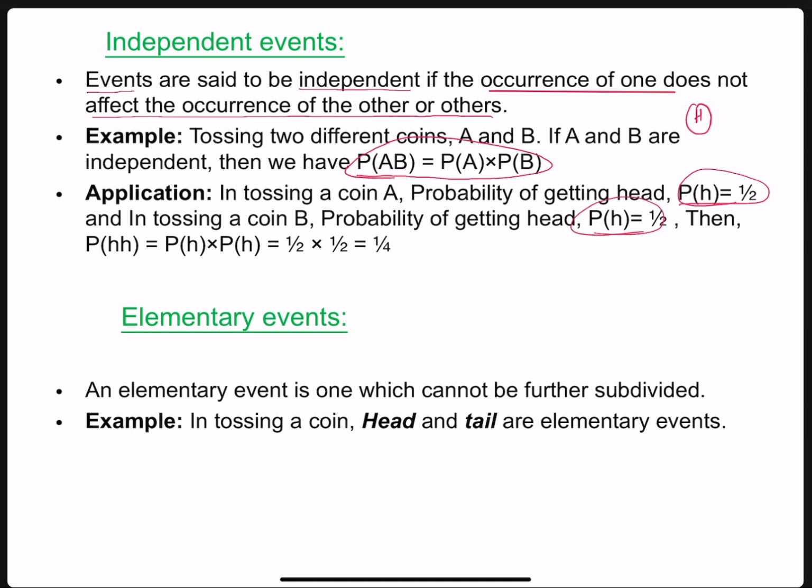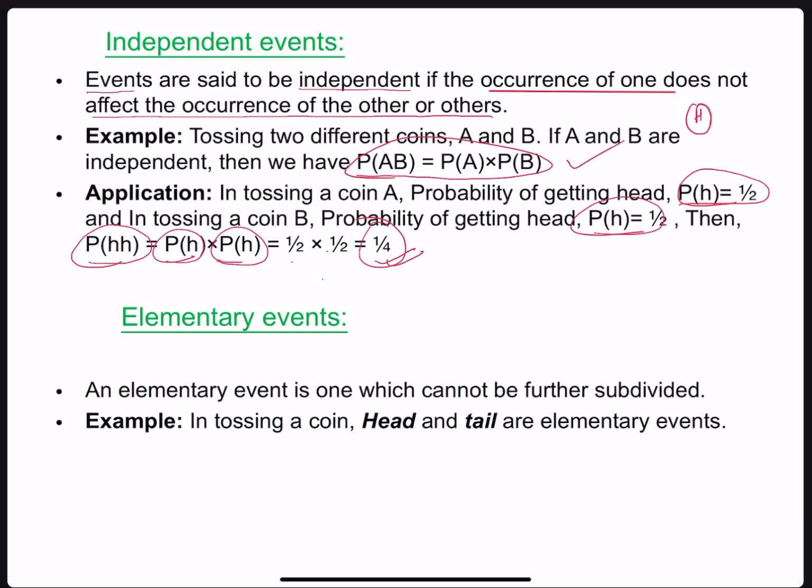Then when you combine these two, we get the probability of head and head. So what is the probability? It is given by the probability of head for the first coin times the probability of head for the second coin. That is half into half, that means 1 by 4. This is the way. So learn this formula nicely. Probability of A and B is equal to probability of A into probability of B. This is about independent events.